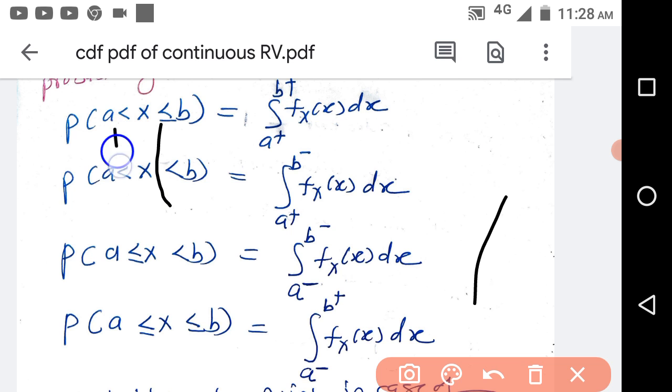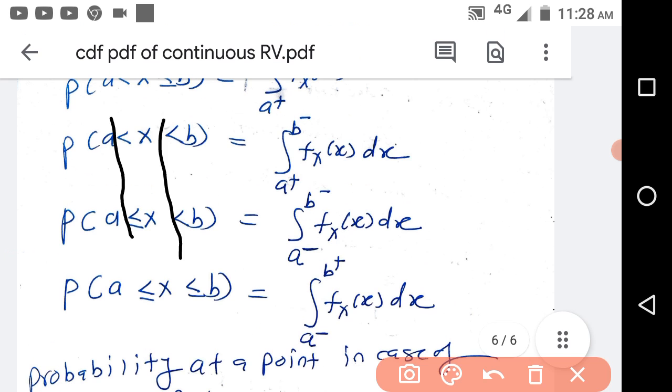If there is inequality, then a plus. In this case there is no equality, so b minus, and here inequality, so a plus. Let us see this one. Here inequality is required, which is not there, so b minus. Here inequality is required, but it is equality, so it is a minus.